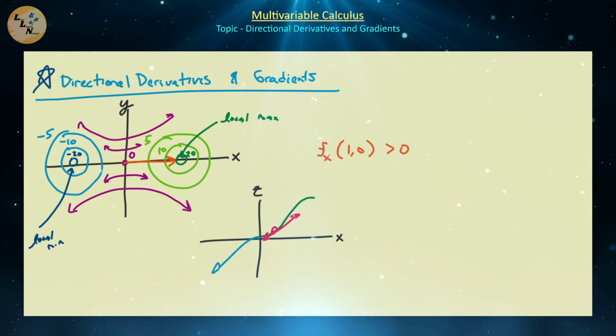So one could say, okay, well, what is the derivative in the other direction? Because according to this picture, I don't really have any information about, for example, the derivative in the positive y direction. And with respect to partial derivatives, technically that's all you can do.